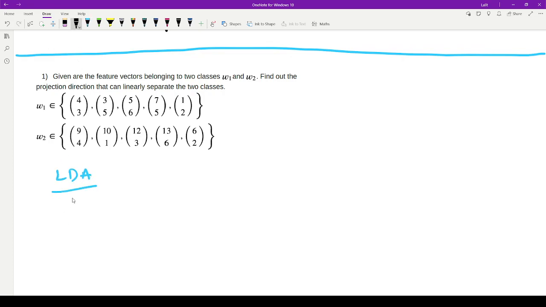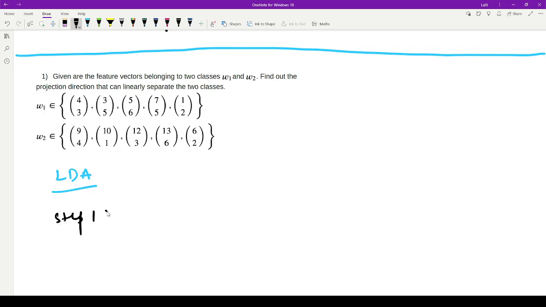And how to use LDA? We have to first find the mean, then find the covariance matrix and form SB and SW. Yes, you're right. So we'll first find the mean mu1. Maybe I'll write it like this.